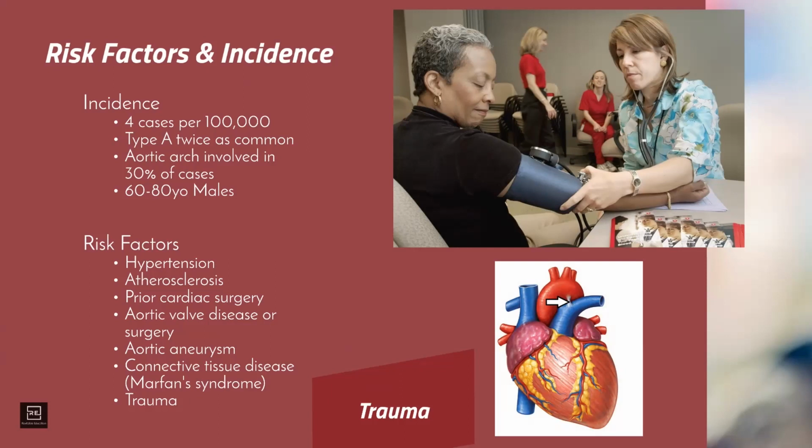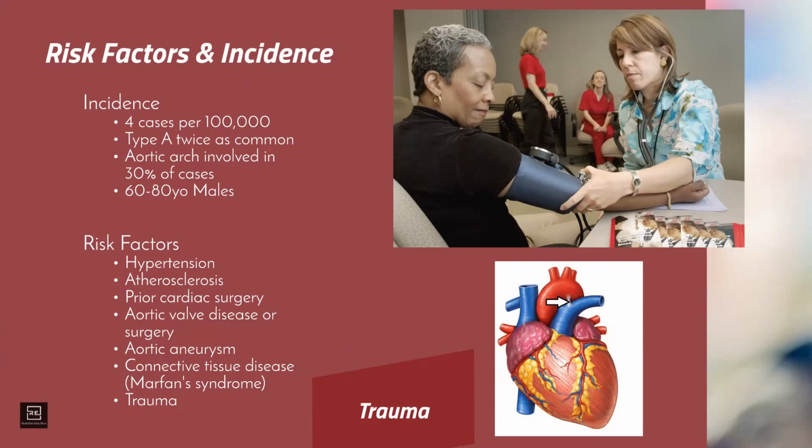Other factors that may contribute are cardiac or aortic valve surgery or connective tissue diseases, such as Marfan syndrome. Connective tissue diseases are commonly the cause of dissections in the younger population, especially in patients less than 40 years old. The weakened aortic walls seen in an aortic aneurysm also predispose a patient to a dissection.